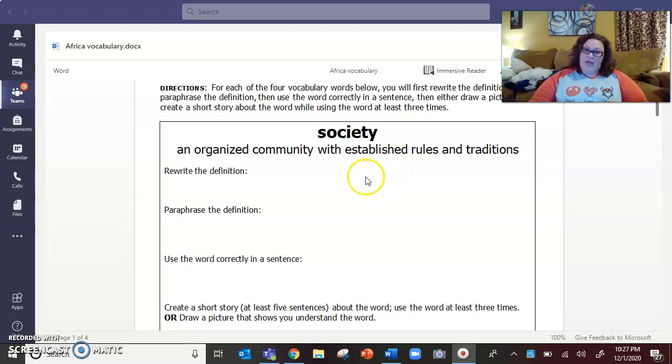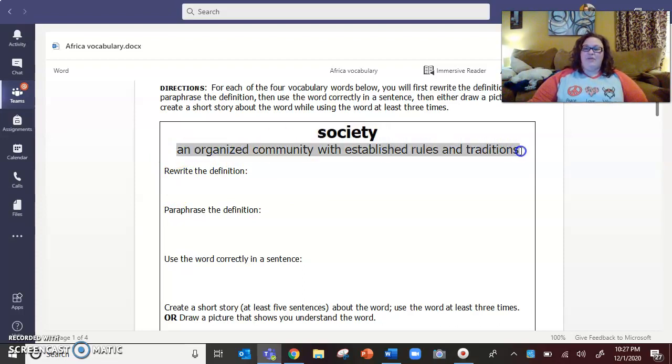So we've previewed the vocabulary words. Now we are going to rewrite the definition. You are just copying it directly word for word. You are not changing a single thing. If you are doing this on the computer, you are not copying and pasting. You are actually literally writing out the definition exactly the same as it is.